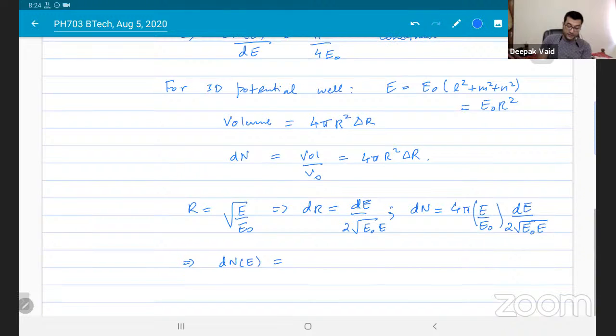So this dN becomes 2 pi root E over E naught times root E naught times dE. Which tells us that the density of states for a three-dimensional system is proportional to root E.